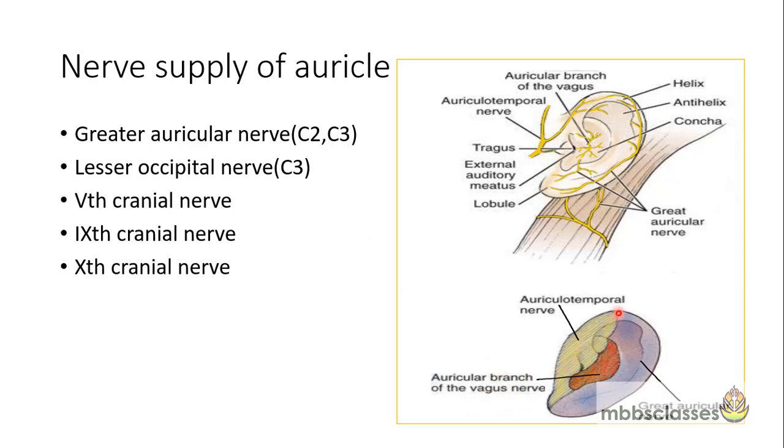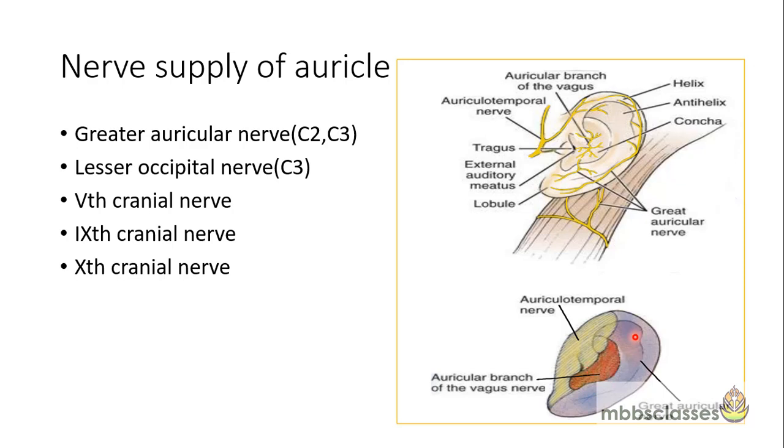The upper part of the lateral surface is supplied by the auriculotemporal nerve, which is a branch of the mandibular division of the trigeminal nerve. A certain part of the concha and the tragus area gets its nerve supply from the auricular branch of the vagus nerve, which is also known as Arnold's nerve, and sometimes also from the ninth nerve.